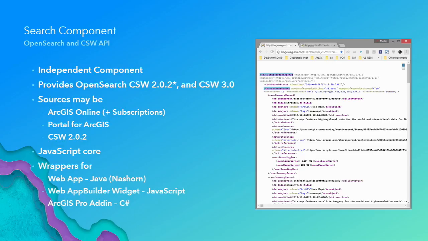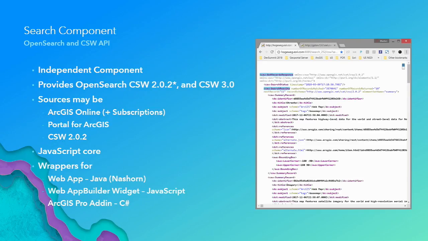So this is a new component. You'll see that there's an asterisk with CSW 2.0.2. We're not going to try to implement the full spec. If you want to go through compliance tests, there's some very specific things that you need to do and need to have in your catalog.